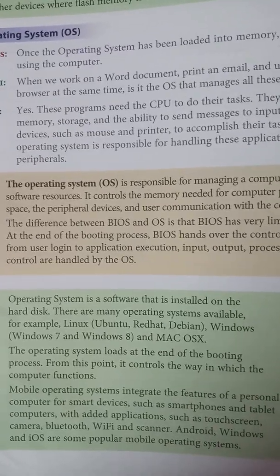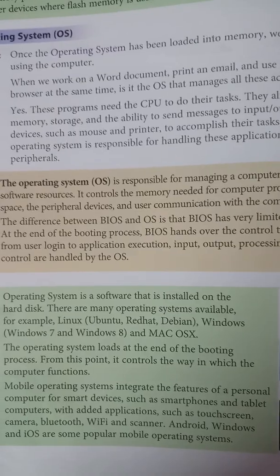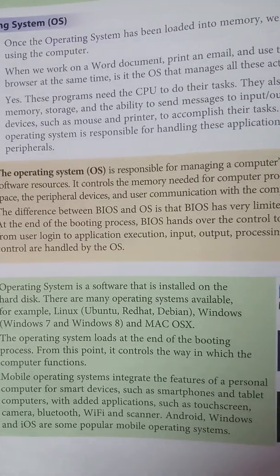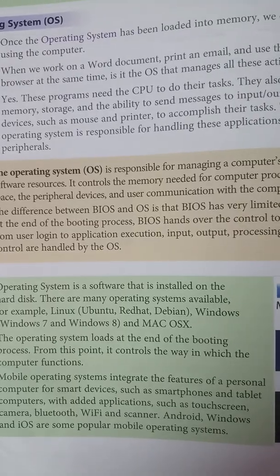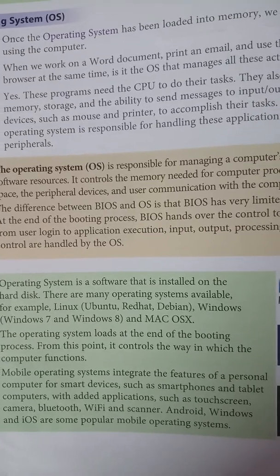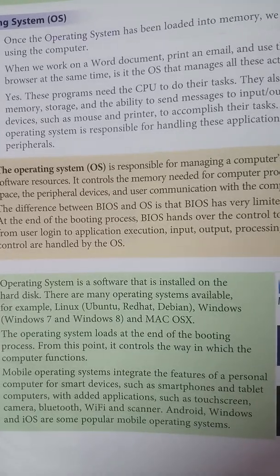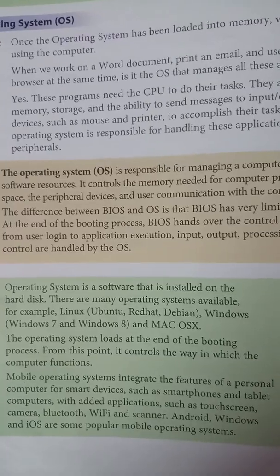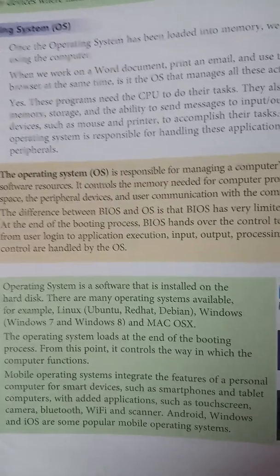Mobile operating system integrates the features of personal computers for smart devices such as smartphones and tablet computers, with added applications such as touch screen, camera, Bluetooth, Wi-Fi and scanner. So mobile operating system has all the features in your computer. Okay, it is the same as the computer.